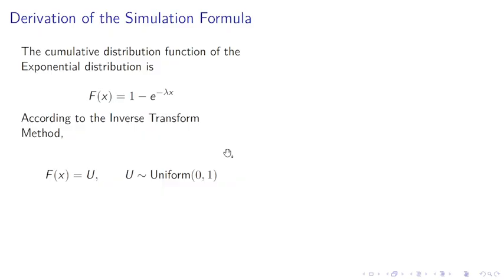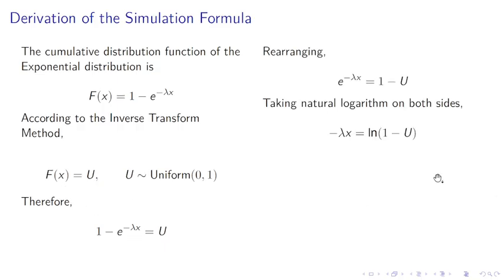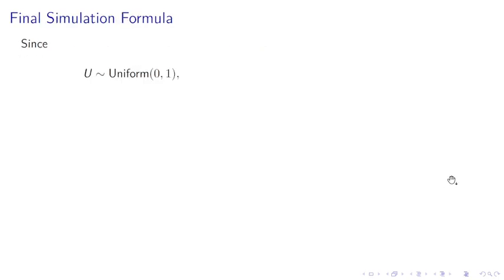The CDF is given by F of x is equal to 1 minus e power minus lambda x. According to the inverse transform method, F of x is equal to u, where u is uniformly distributed between 0 and 1. Therefore, we equate F of x to u. Then e power minus lambda x is equal to 1 minus u. Taking natural logarithms on both sides, minus lambda x is equal to ln of 1 minus u. So x is equal to minus 1 by lambda ln of 1 minus u.